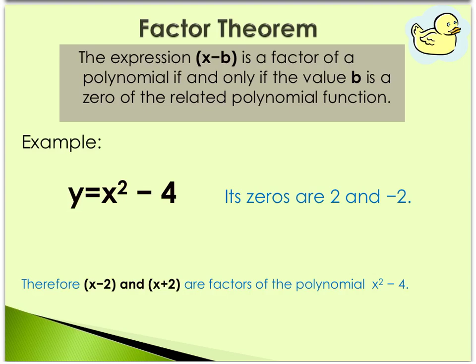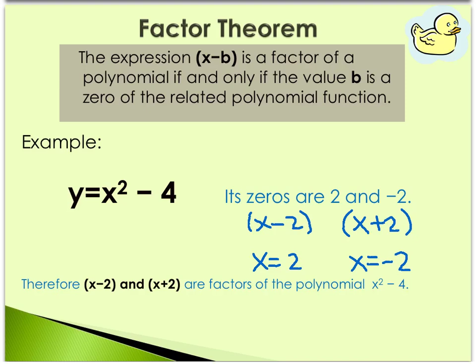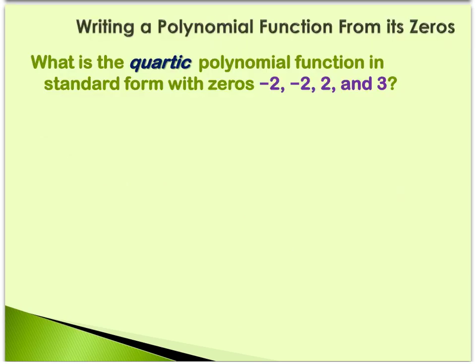Well, I must have started with x minus 2 to get x equals 2, and started with x plus 2 to get x equals negative 2. Right? And so when I multiply these two back together, I'm going to get my original polynomial function. And remember, something times something means that these guys are factors of the original expression.